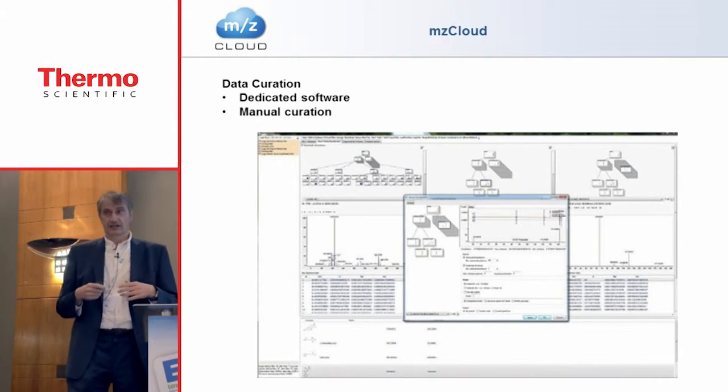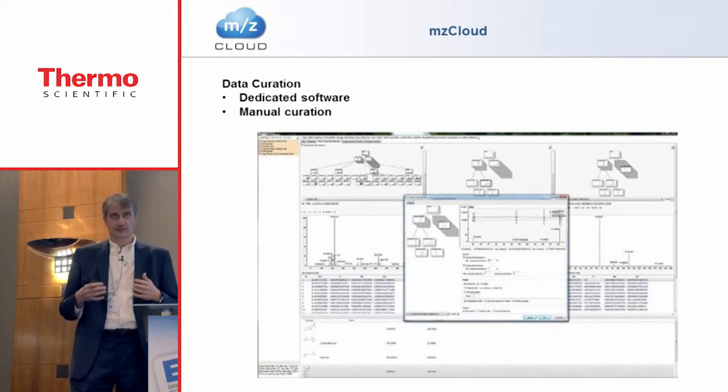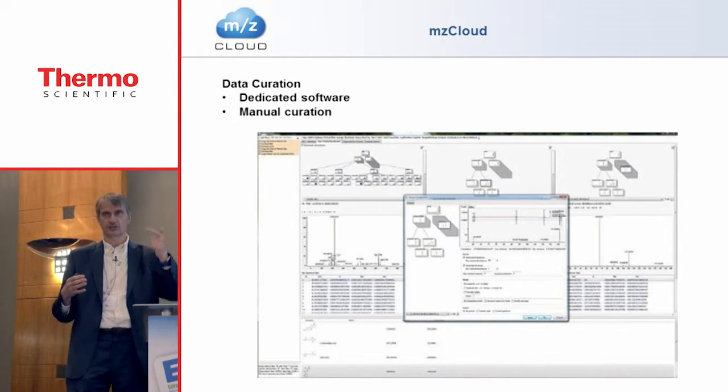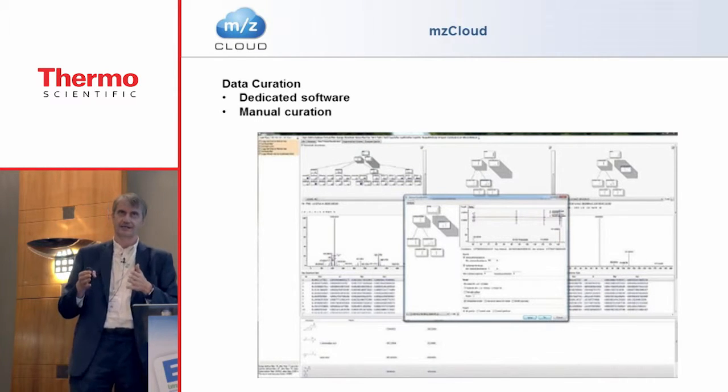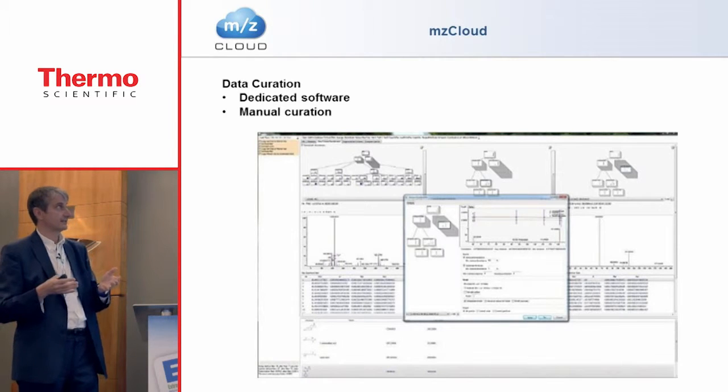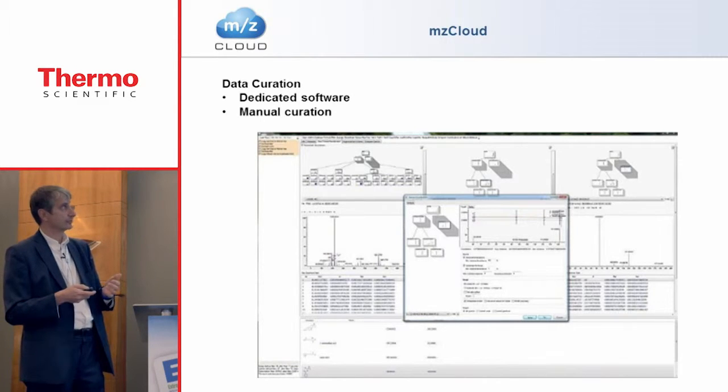We built a really high quality database. This database is manually curated. We have 3 full-time curators who do filtering, recalibration, data processing, extracting from the chromatogram, and adding metadata to our records. So we really pay big attention to quality.